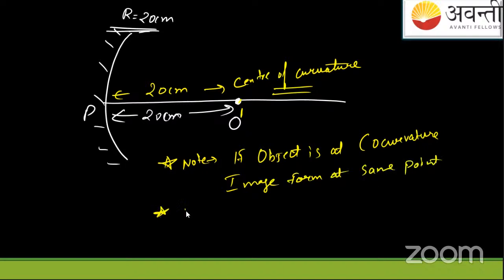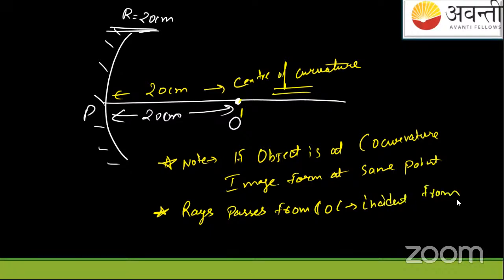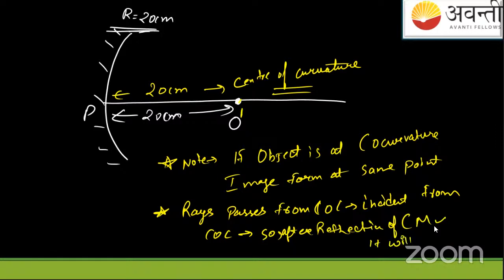It means that if a ray passes through the center of curvature, or is incident from the center of curvature, then after reflection from the concave mirror, it will retrace its path.